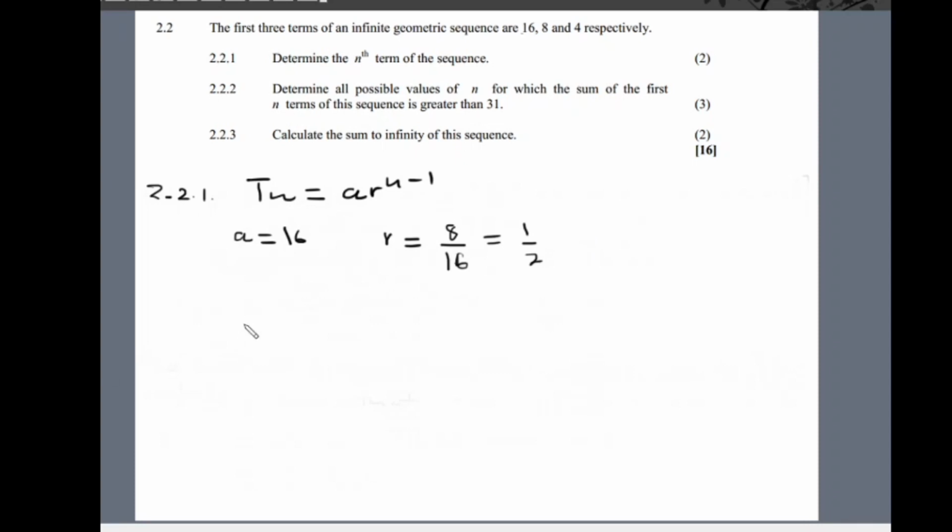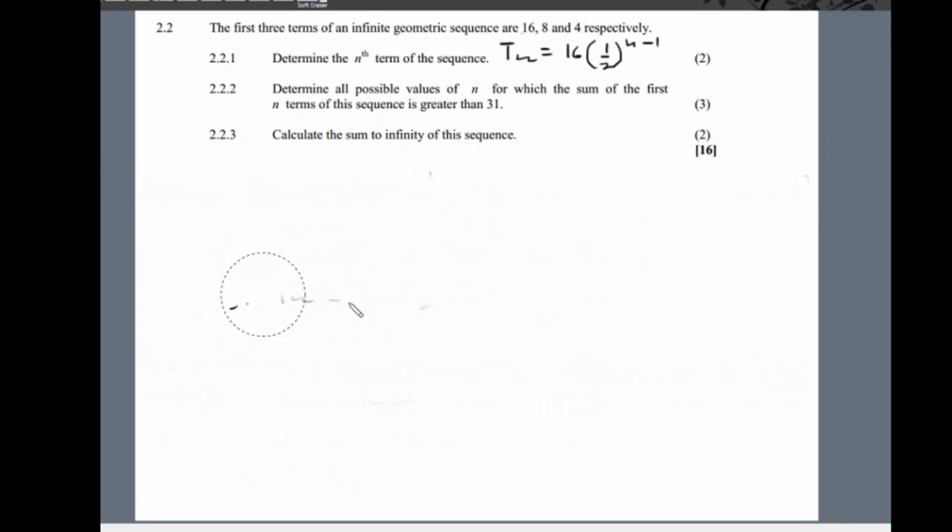So now the formula for Tn is therefore Tn equals 16 times 1/2 to the power n minus 1. That's the formula for Tn there. Okay, that's question 2.2.1.